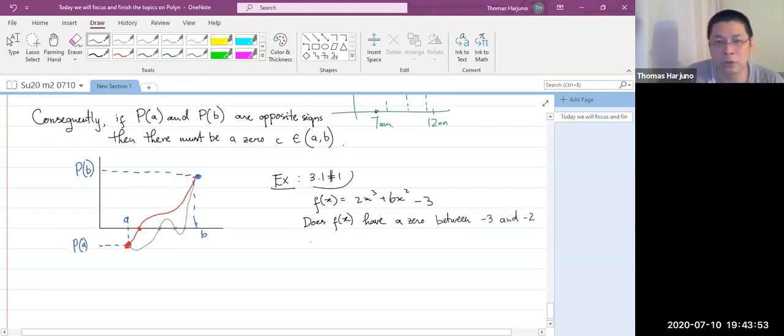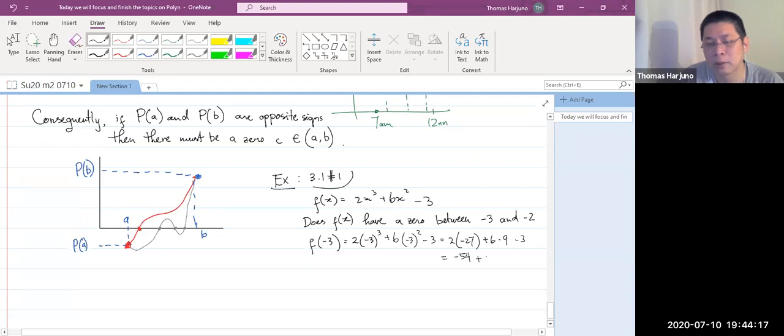So what you do is you check what is f(-3). You can do it this way. You can also use synthetic division if you like. So this is 2 times -27 plus 6 times 9 minus 3. This is -54 plus 54, minus 3, that's a negative number. And then f(-2), I plug in -2 for x and compute the value.